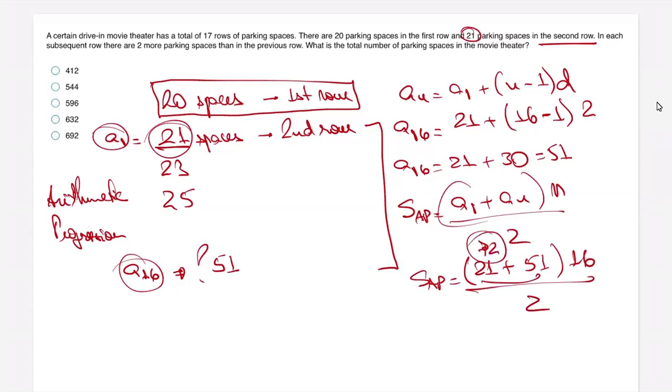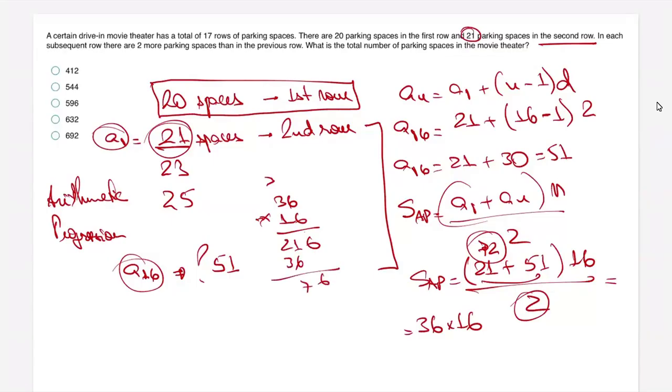Okay, 72 divided by 2 is 36. 36 times 16. So this is 576. Now I add 20 spaces. Okay, so it will be 596.